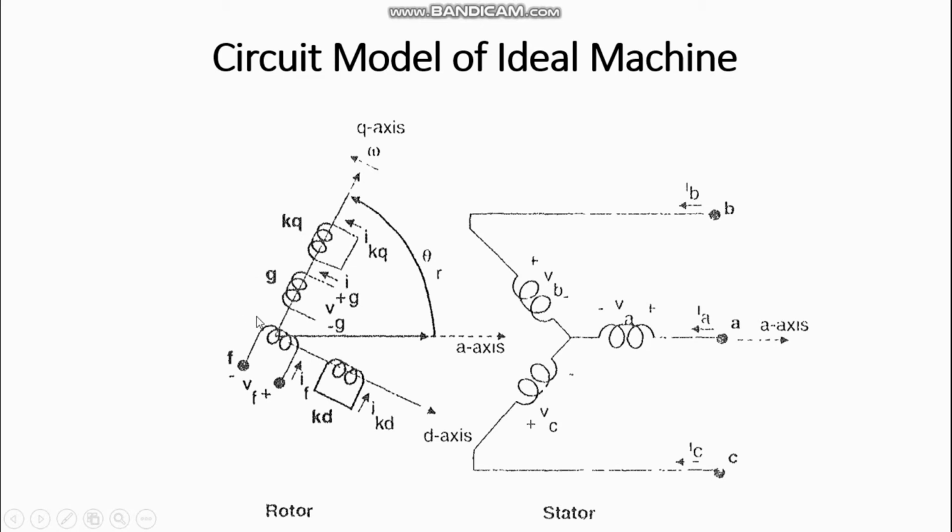But it is present there for very remote chances, in case of some specially designed machine where you will be able to see the presence of this G winding, and that is why we are incorporating this G winding also in our analysis, right?